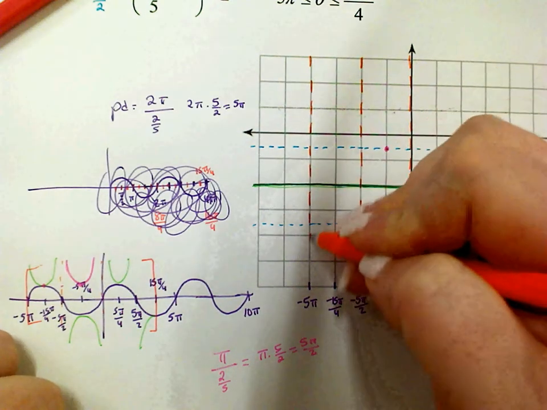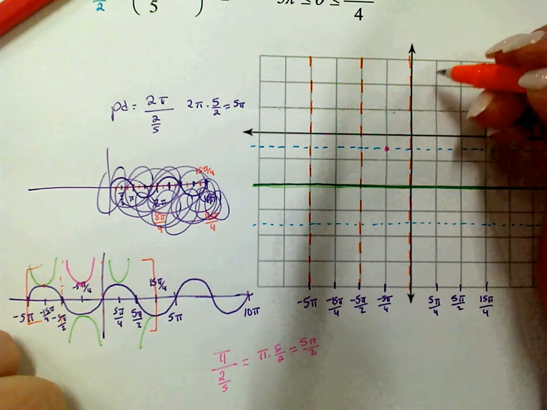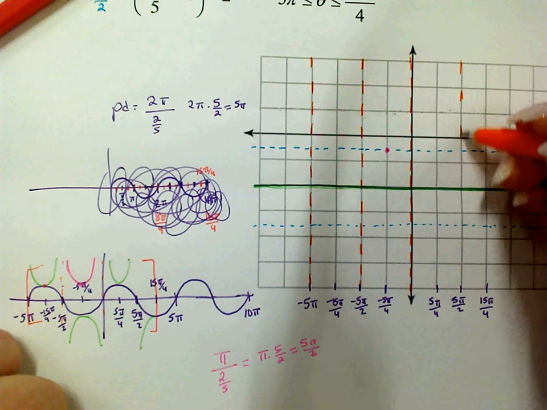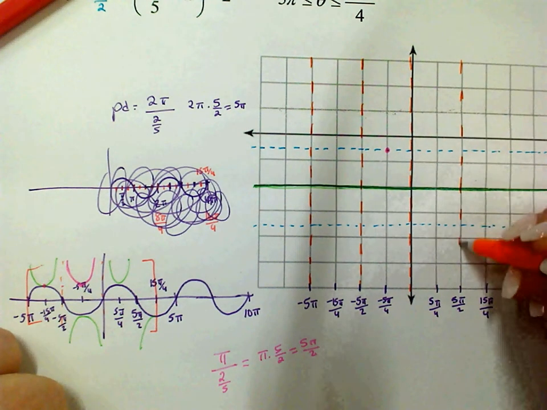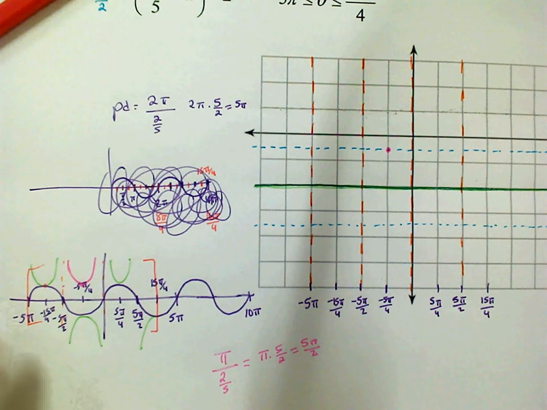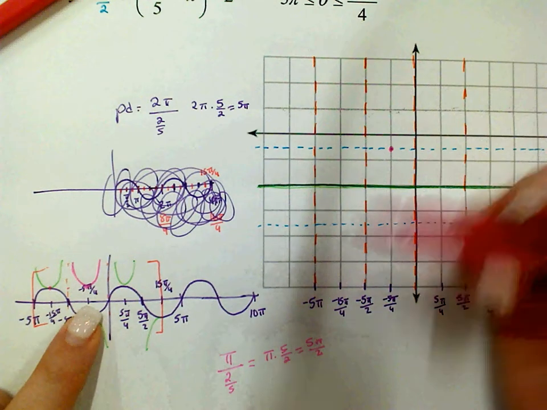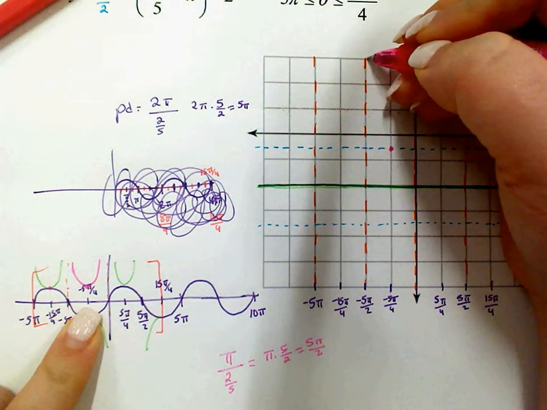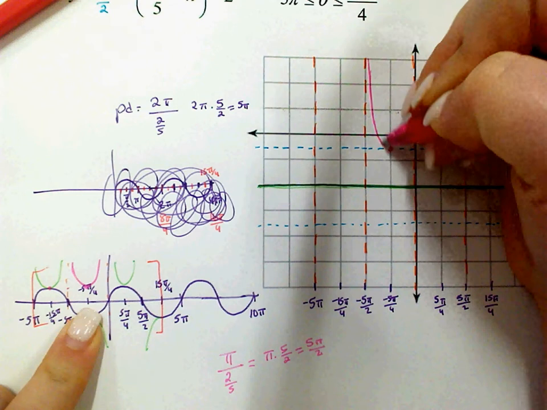And so, okay, here we go. At -5 pi over 4, we got a minimum. Just come down, have a min, go back up, and there you go.